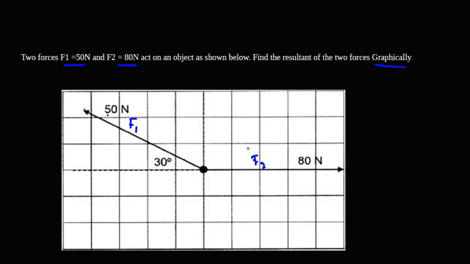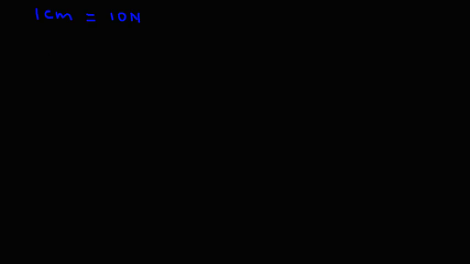If I have 50 newtons and 80 newtons, I can't say 1 centimeter represents 1 newton, because if I said that, to draw 50 newtons I would need 50 centimeters, which is not going to fit on a page. But if I say 1 centimeter is 10 newtons, it means to draw 50 newtons I'm going to draw a line that is 5 centimeters long.